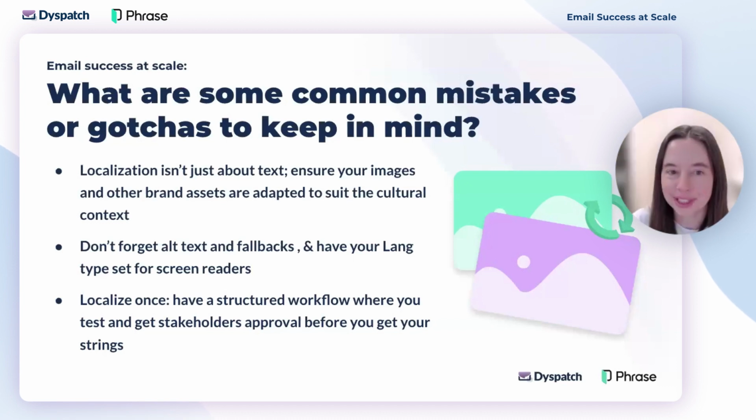I'm going to add some email-specific pro tips here that we have learned along the way, or common pitfalls. And that's like, don't forget alt text and fallbacks, especially. Fallbacks are, if you don't have somebody's first name, you want to make sure that they have a good experience. We've all received emails where it's like, "Hi, space, random space, comma," because we thought we had your first name, but we didn't.